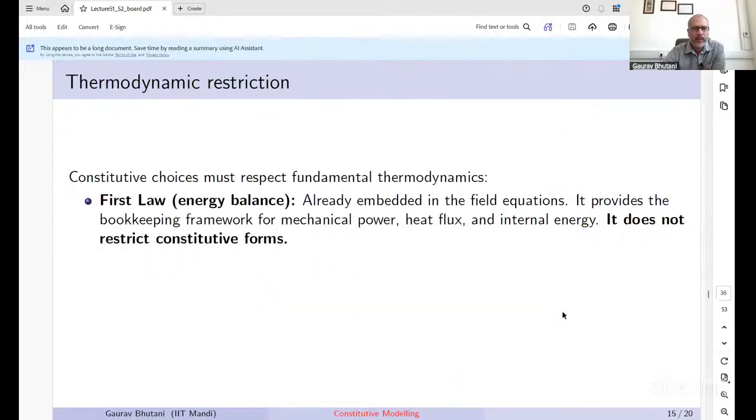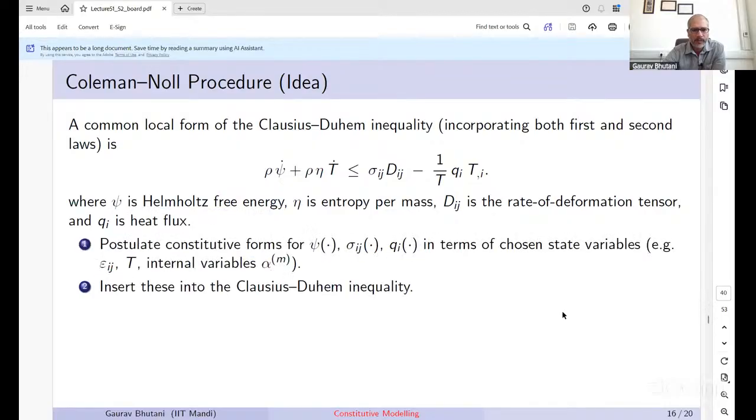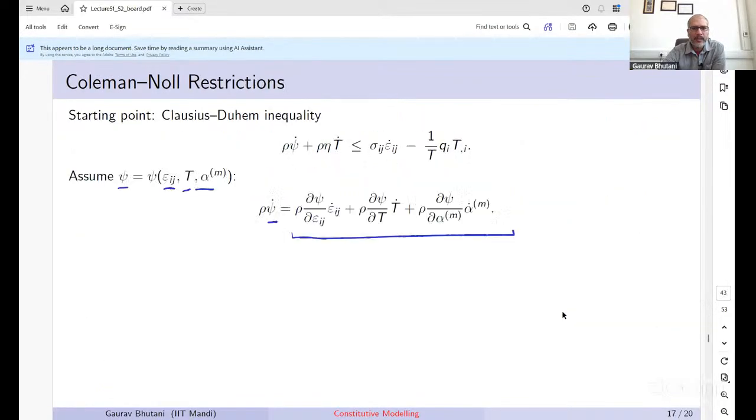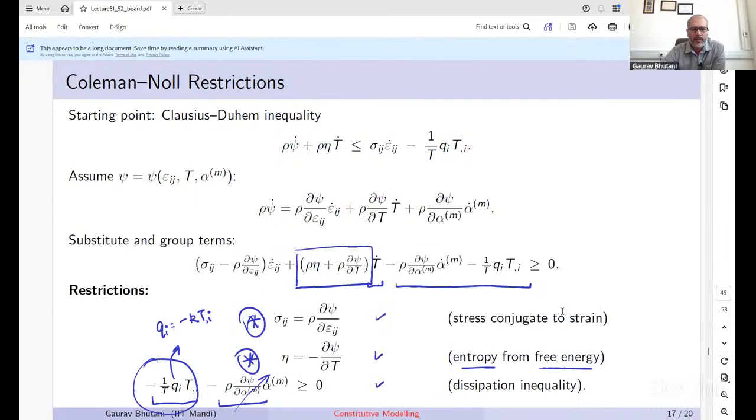Then we talked about the thermodynamic restriction, which is where we applied the Coleman-Noll procedure. We demonstrated that through this procedure, we can check for the admissibility of a constitutive model, which gives us these restrictions. The first one is that stress is conjugate to strain.